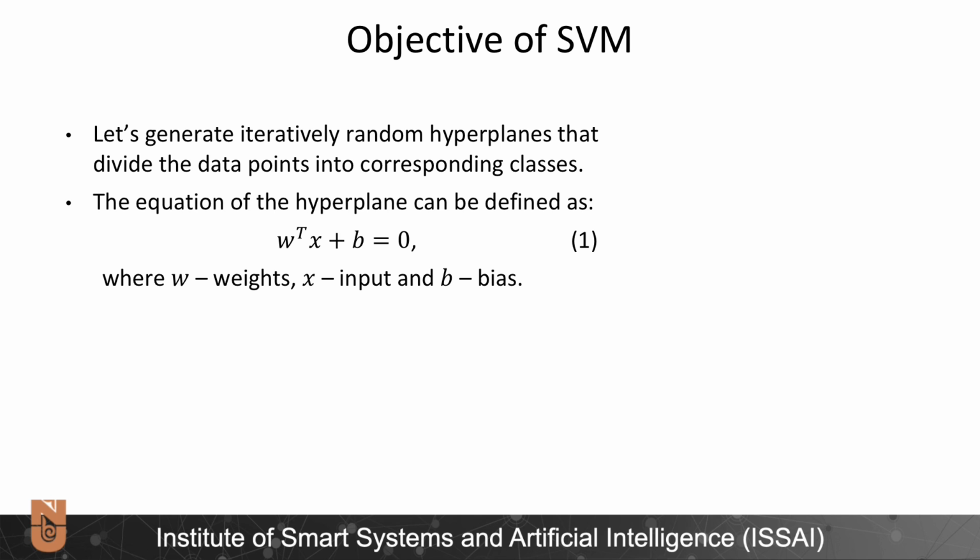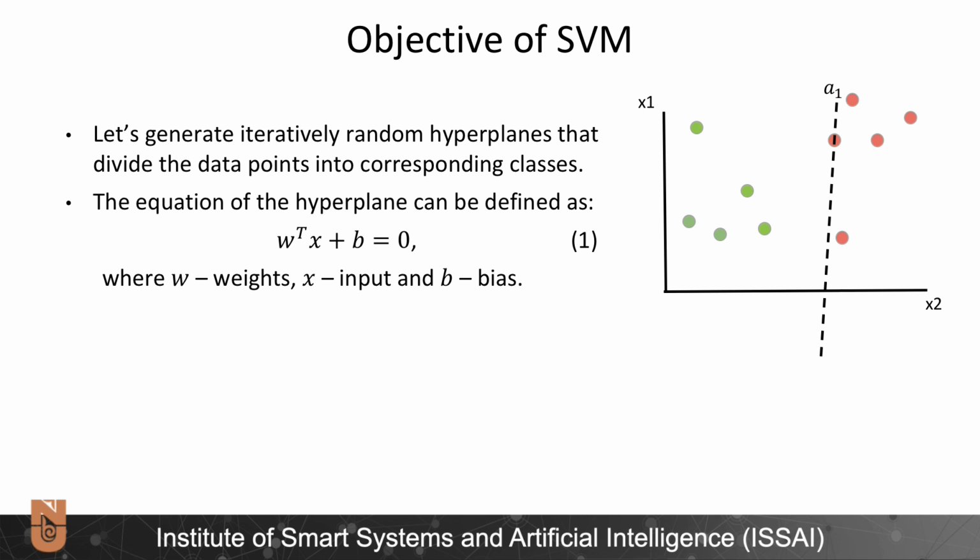Below we can see the equation for the hyperplane. Here, W is the weight, B is the bias, and X is the input. In this plot, A1 represents one of the hyperplanes. That may be a solution. But we can see that it does not perform well as it cannot classify one of the red points.